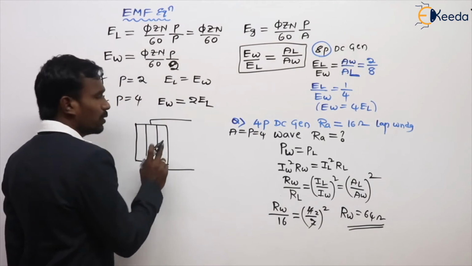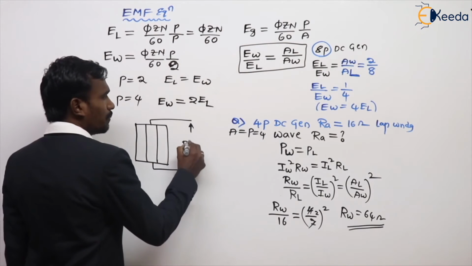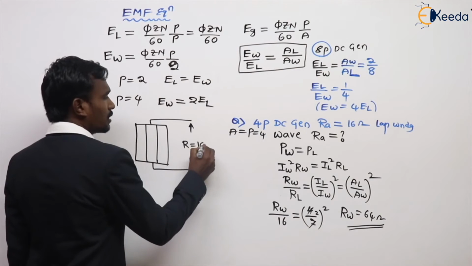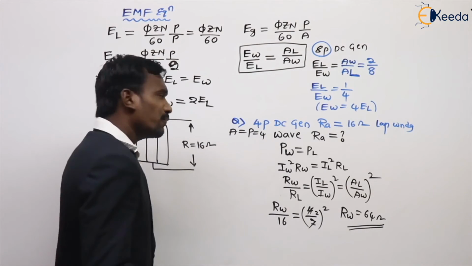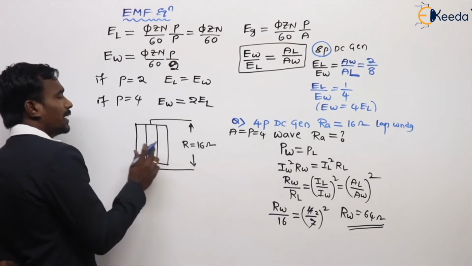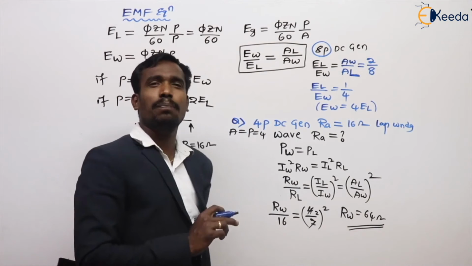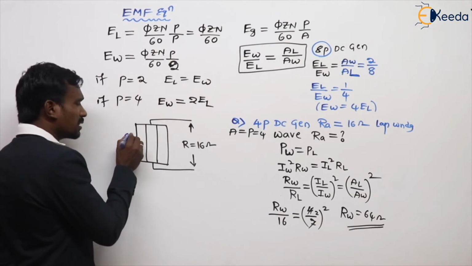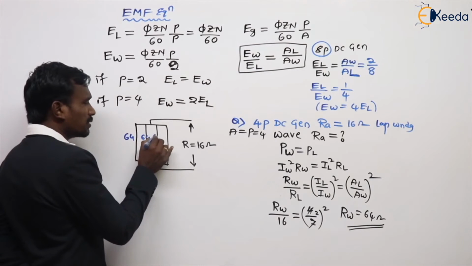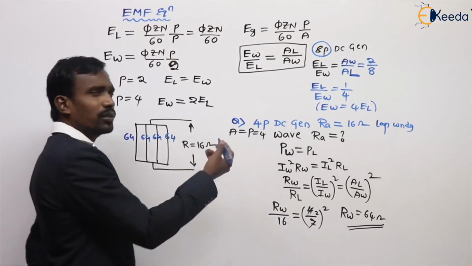So 4 poles, 4 parallel paths, and the total armature resistance is given as 16 ohms. If this is 16 ohms, what is the armature resistance in each parallel path? Generally it may be 64 ohms, 64 ohms, 64 ohms, 64 ohms. So 64 by 4, 16 ohms.